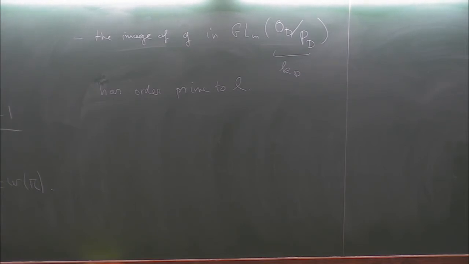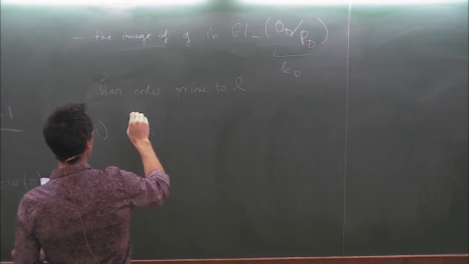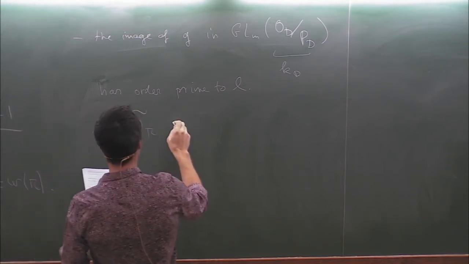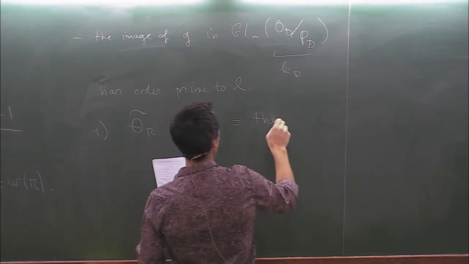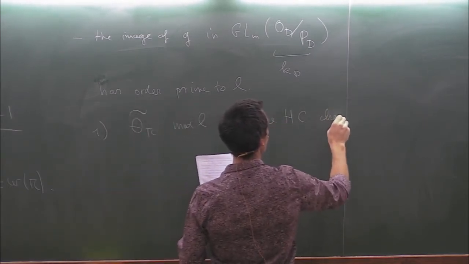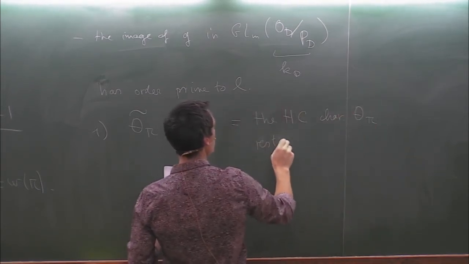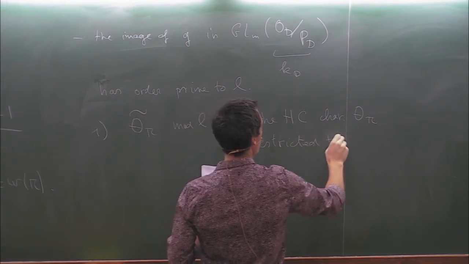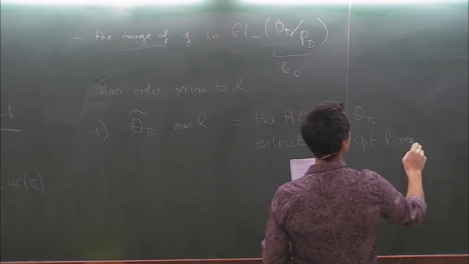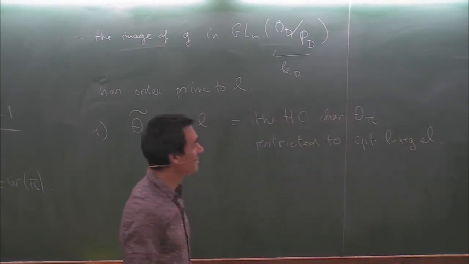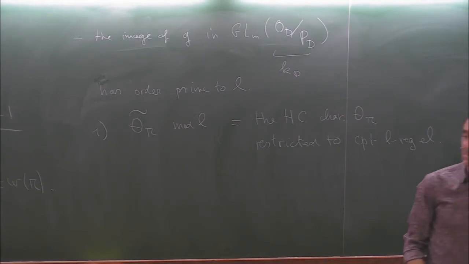And the Brouwer character has the two following properties. First, theta pi tilde mod L is equal to the Harish-Chandra character theta pi restricted to compact L regular element. So compact and L regular means the element which satisfy these two properties.